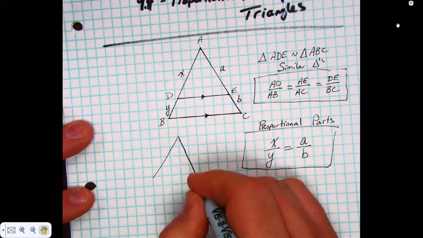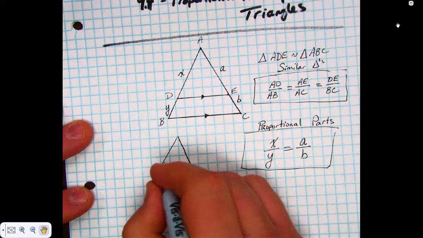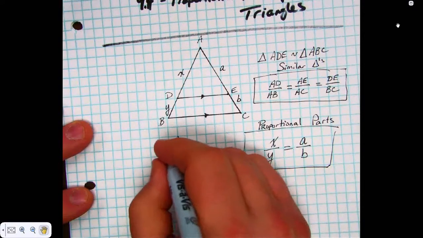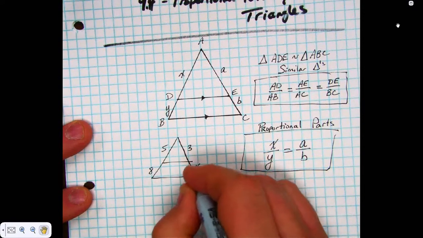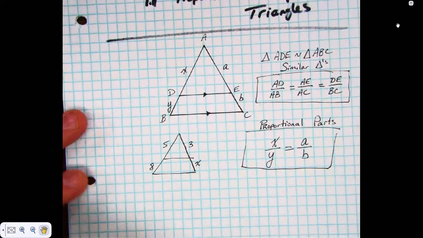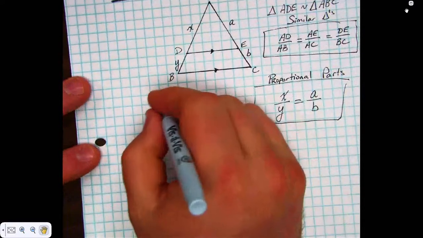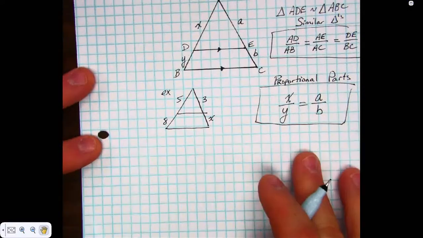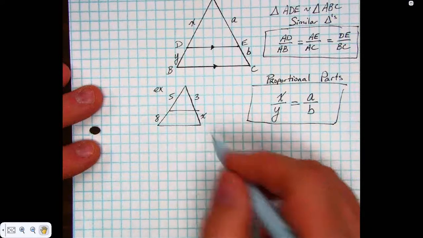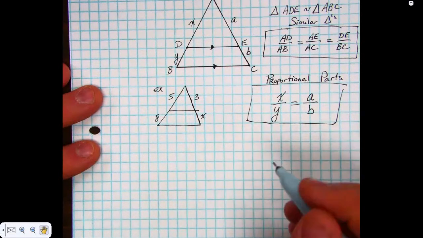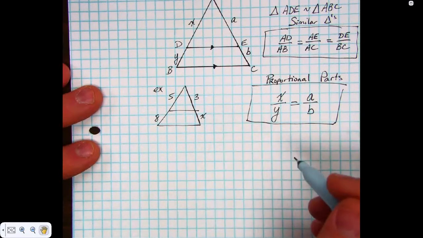Everybody keep looking up here. I may get a really ugly answer here, but it doesn't really matter. If I was to solve right here, would I use proportional parts or similar triangles? Which would be easier?